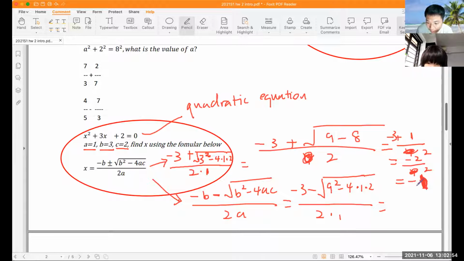The first answer is negative 1. Then of course, then you will get negative 3, negative 1, and then 2. So the answer is negative 2. So you have negative 2 and negative 1. So far, so good. Hold on.